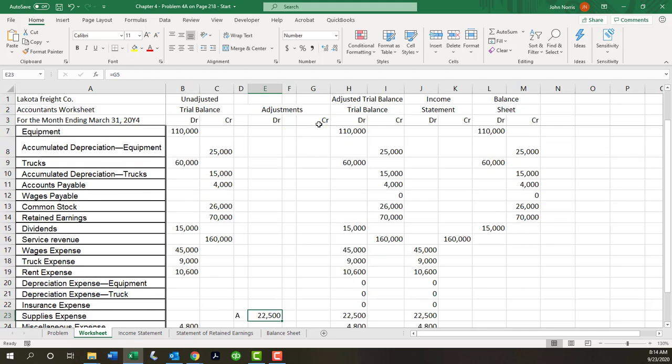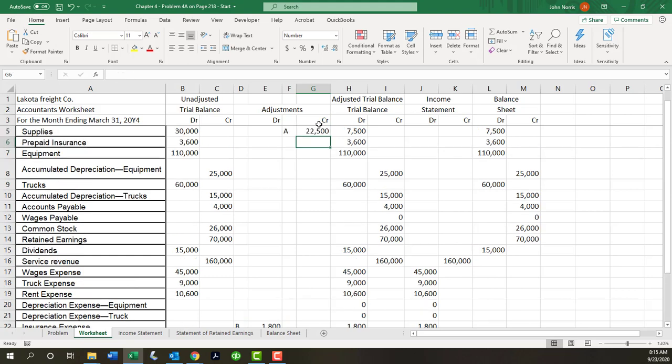Insurance premiums expired during the year, so it tells us $1,800. Prepaid insurance had a balance of $3,600, $1,800 of which are now expired, leaving us with $1,800 unexpired.